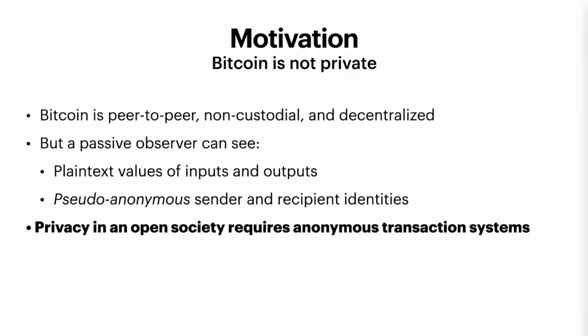So a passive observer, such as a firm like Chainalysis, can use this information, the values and the transaction graph of money flows, to de-anonymize users. And that's true of most blockchains, true of Ethereum. So that's the problem we want to solve.